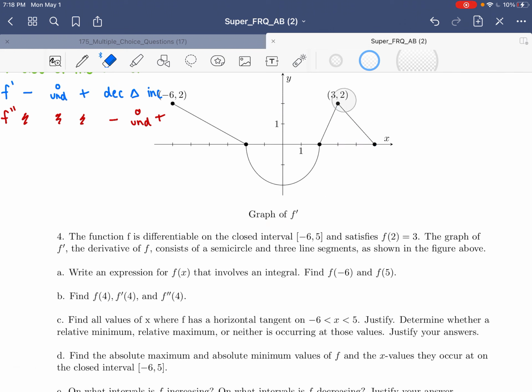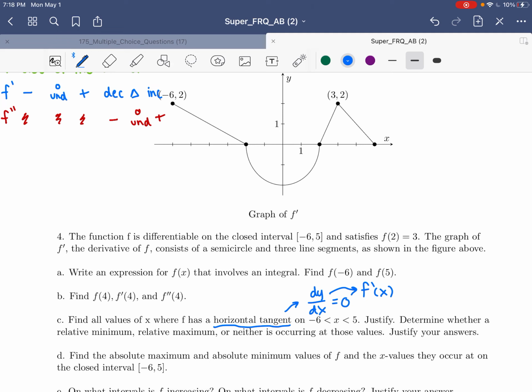Right, next, find all the values where f has a horizontal tangent. So this horizontal tangent, you should automatically be thinking slope equal to 0. Well, we know that dy dx is the same thing as f prime of x. So all I'm looking for is where does this graph have a slope of 0?